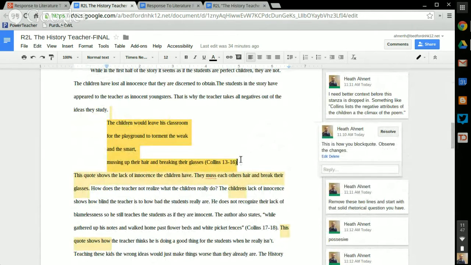You don't need a period at the end of it because the quoting of the text being offset is what does that for you. Same way in which there's no quotation marks. I took those out because that's not necessary either. It's actually offsetting the text that shows someone very clearly as I scroll by this that this is not Chris's words, this is Mr. Collins' words. All right? Everything else is done correctly.